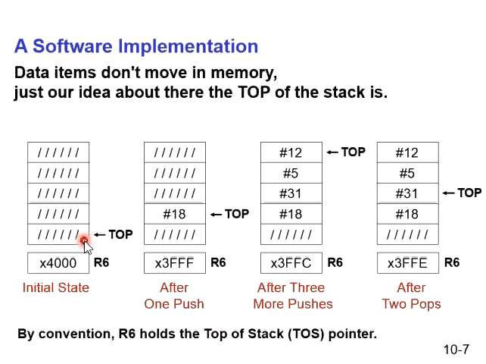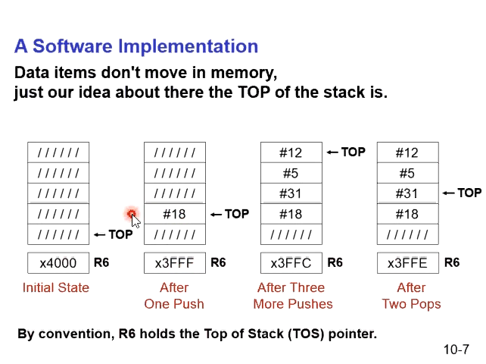And when we push one data item in the stack, over here now the top points to this location, storing the value you just put in. So we say after one push, we have the top of stack. That means the register R6 stores the address of this location, 3FFF.